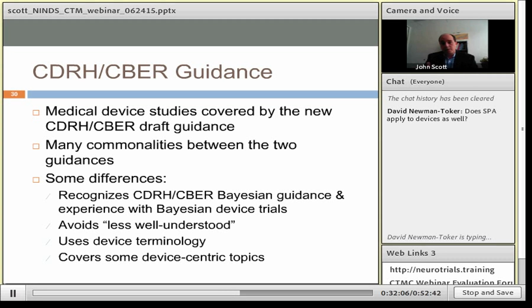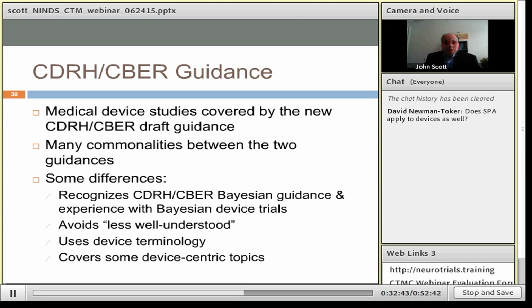I'm going to talk a little bit about the devices guidance. As I mentioned, this is a new guidance as of May, and it's very similar, I think, in spirit to the drug and biologic guidance. I don't think it contradicts the drug and biologic guidance, at least not in any major point. The main differences in the device guidance is that it, first of all, builds on an earlier guidance for the use of Bayesian statistics in device trials, and so it has a lot more explicit discussion of Bayesian methods for adaptive design.